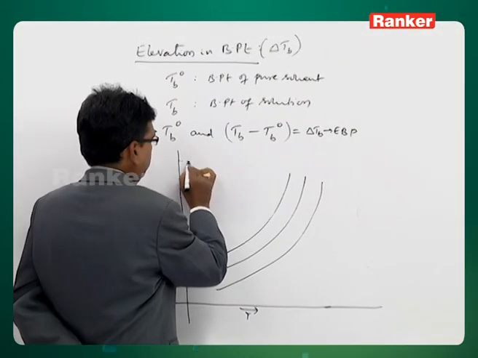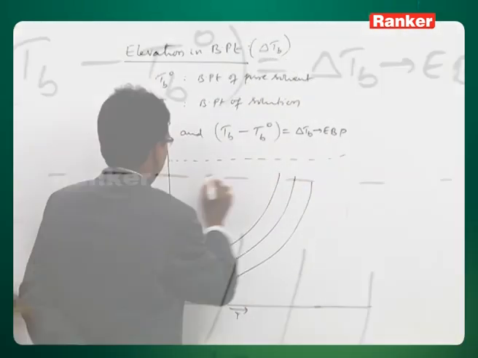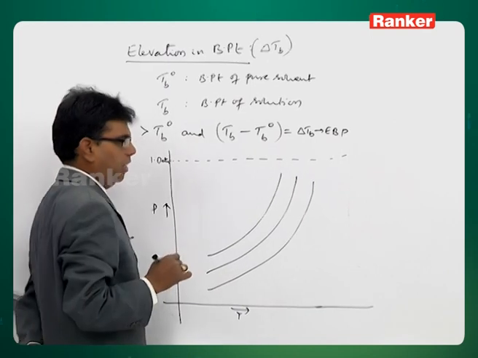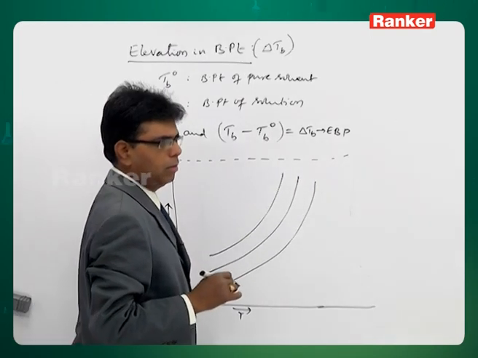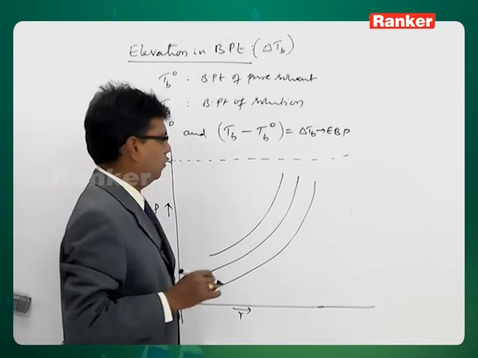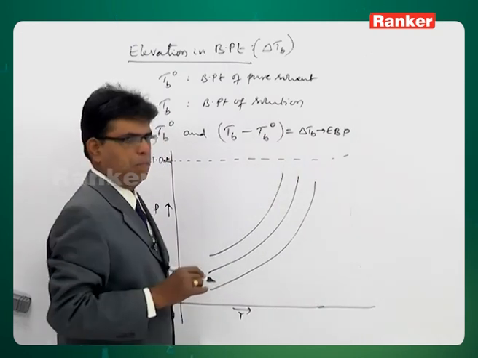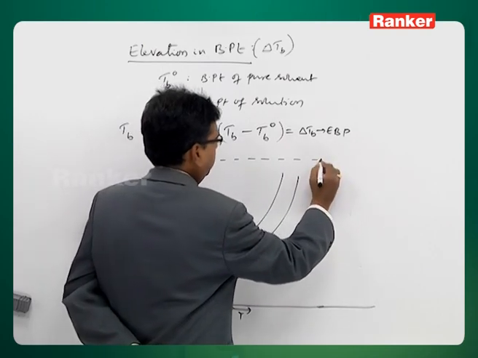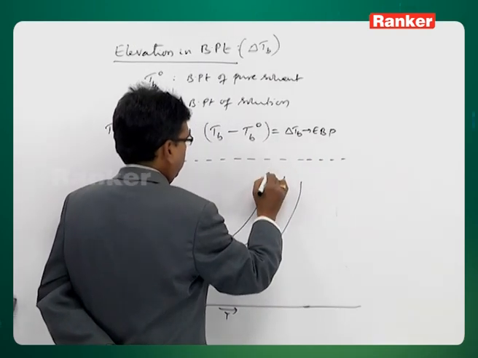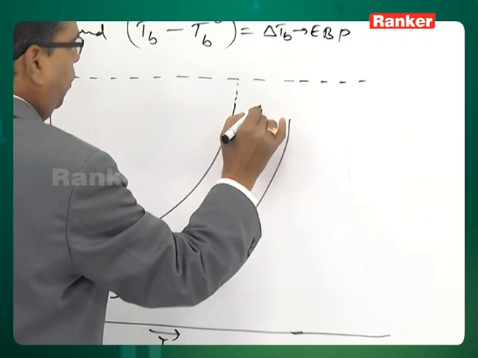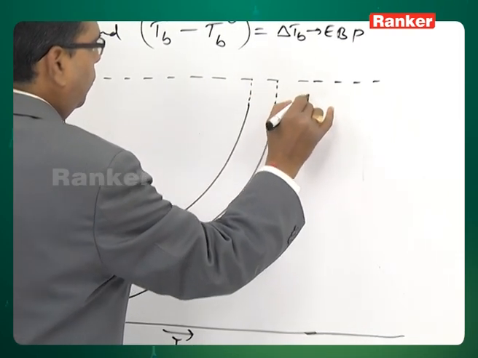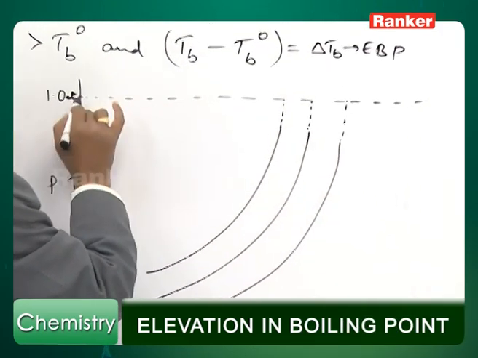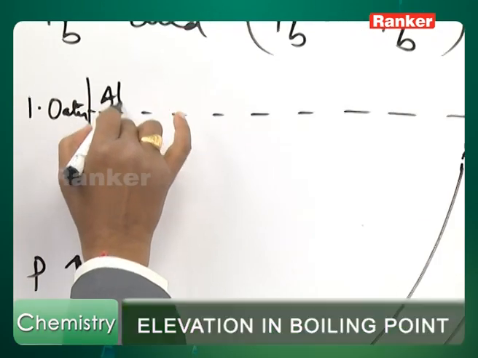This is the borderline of atmospheric pressure. For any liquid, the maximum vapor pressure is the atmospheric pressure. So, this is a saturated vapor pressure. Now if you extrapolate, then this is atmospheric pressure.